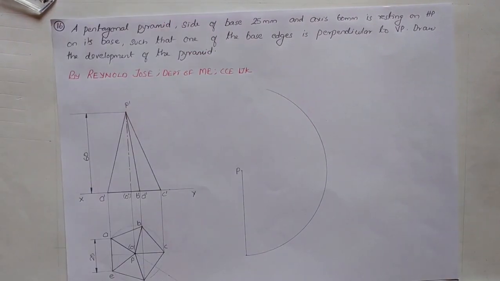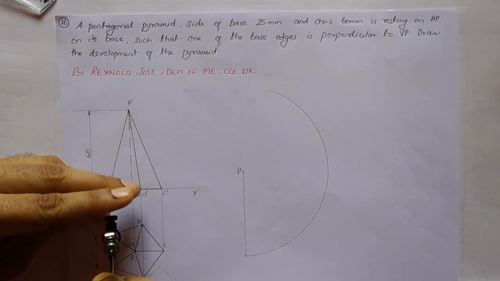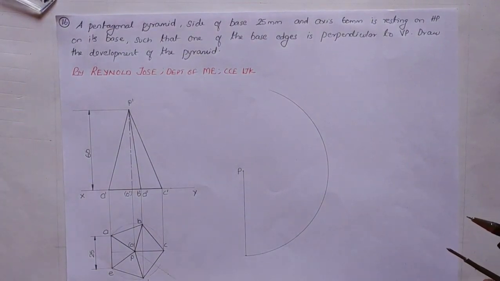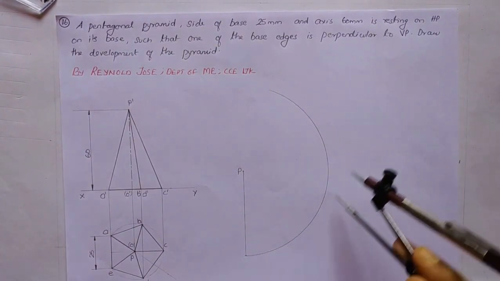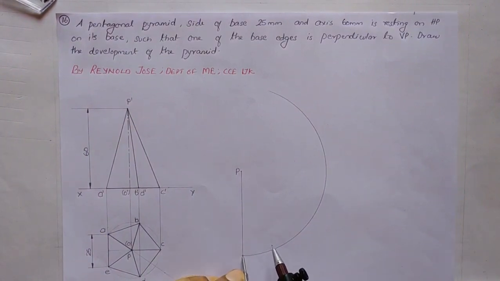Now let us take the base edge length of this pyramid, which is 25 mm, in the compass. This pentagonal pyramid has 5 base edges, so we shall cut 5 arcs on this arc which is already drawn, starting from this point.